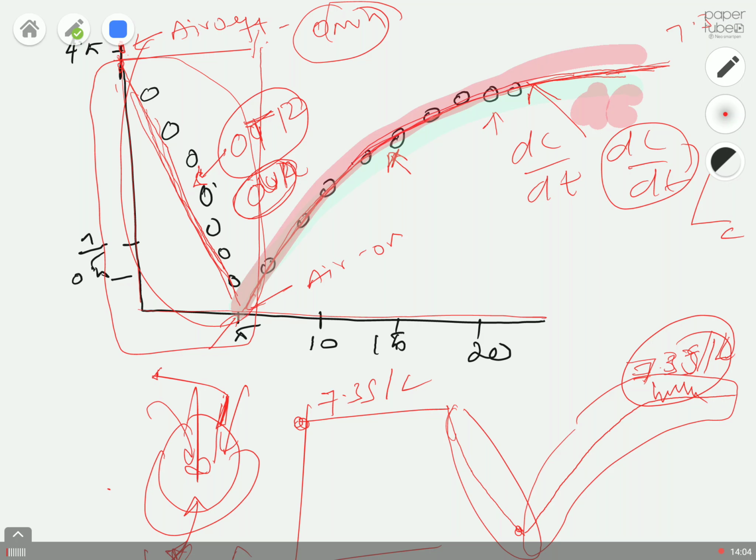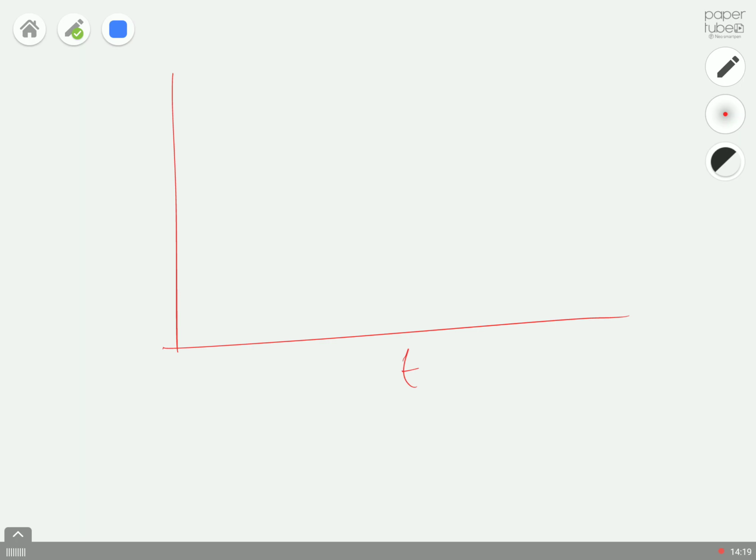So how to do that? All you need is to find a function, taking just this part alone. Let me go to a new page: time versus concentration in milligrams per liter. You have something going on from here to here.